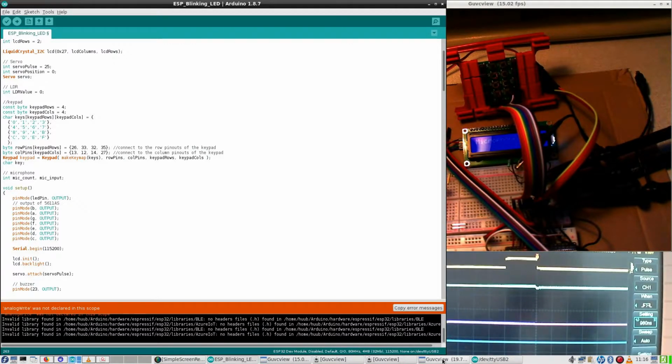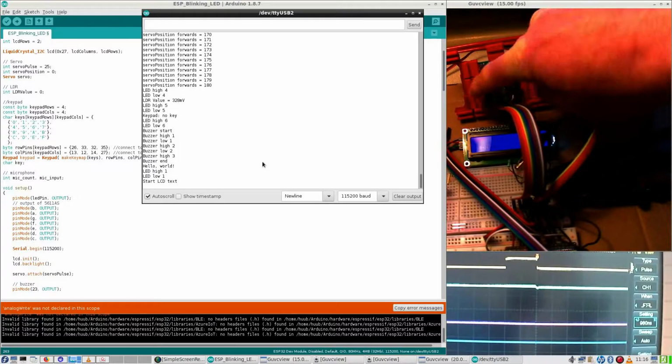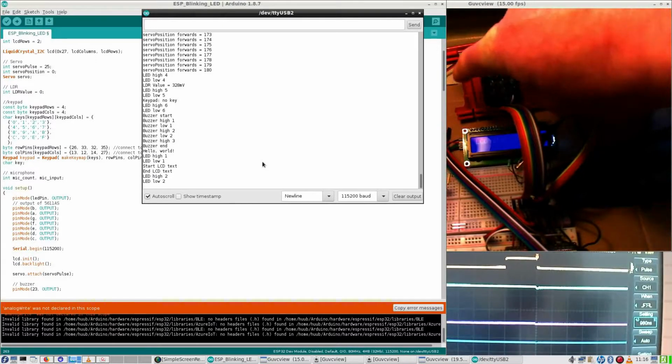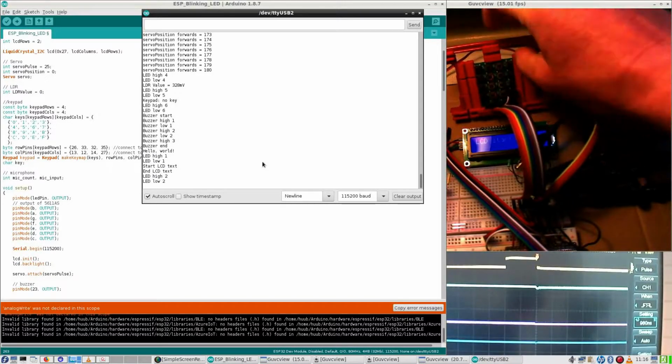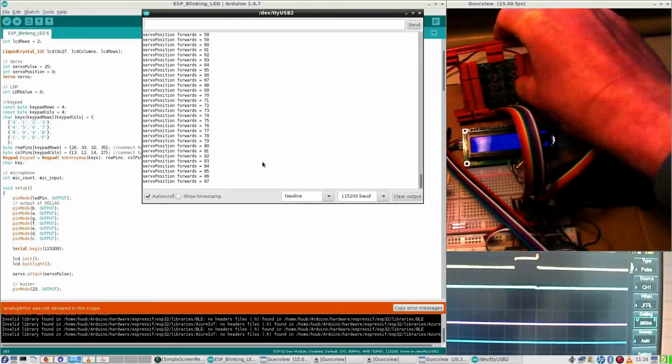So let me just take, which is then a C column, going from here to here, then C would be this one.